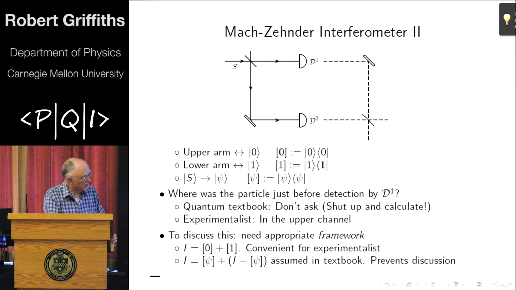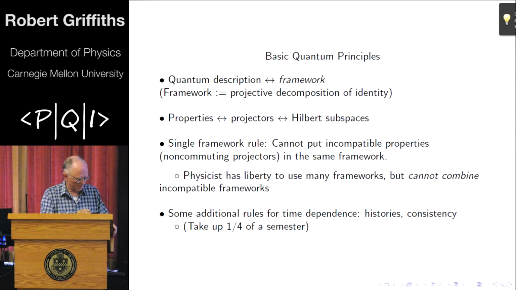The trouble with those discussions is there are cases where you want to say the particle was here or there, and you can't do it because you're insisting on using that state.